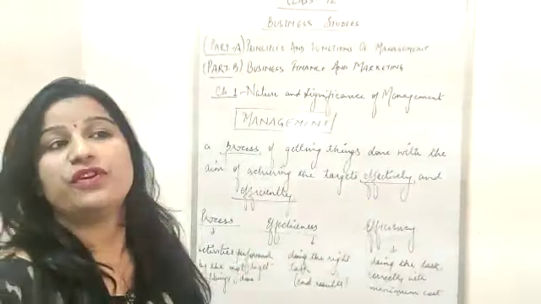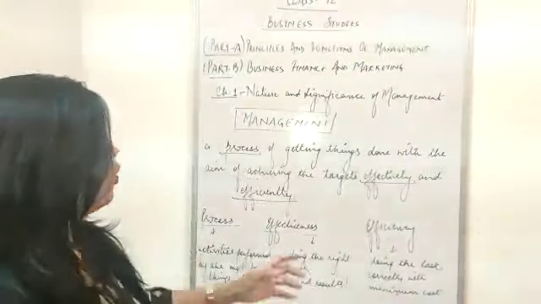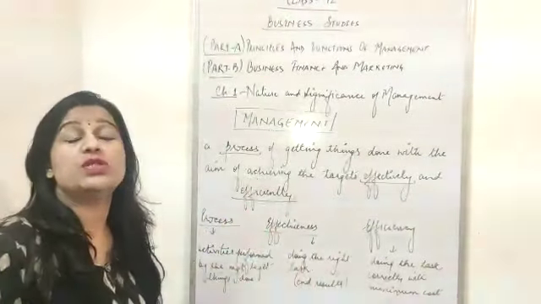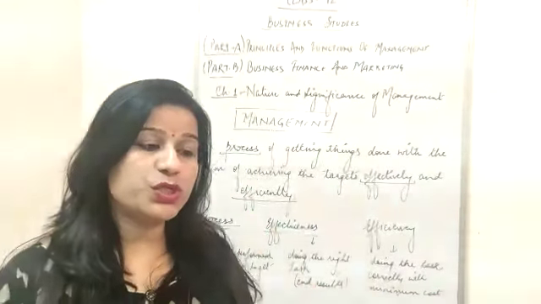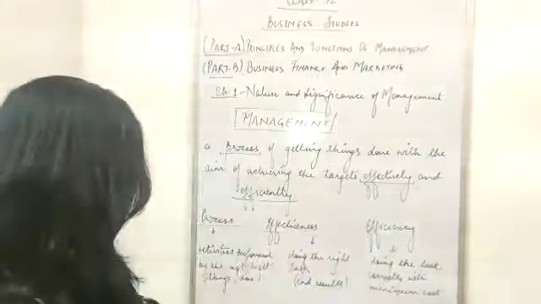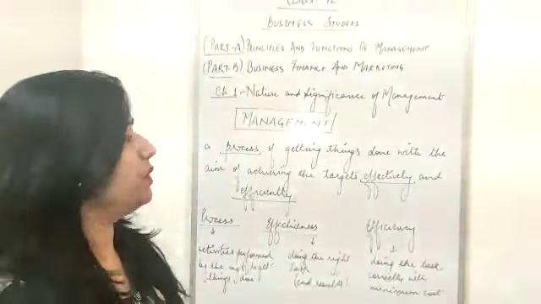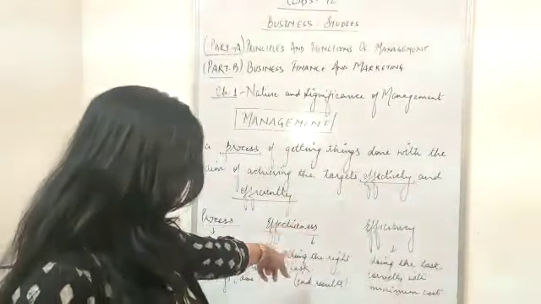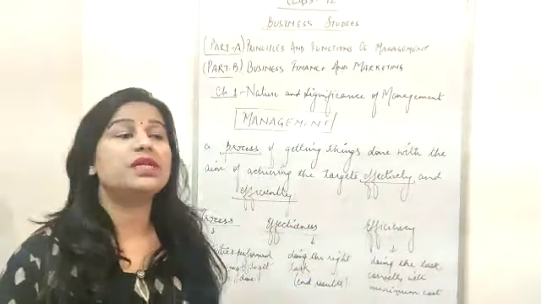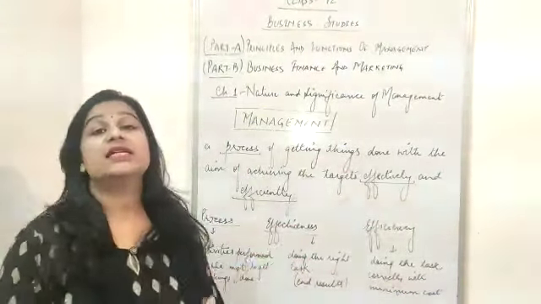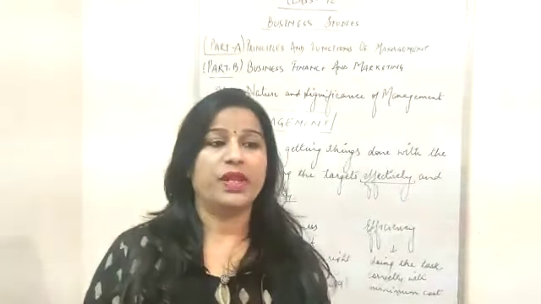Management helps in achieving those targets by creating a process which includes various activities, which includes the fulfillment of the various objectives of the organization. Then comes, students, effectiveness. Effectiveness in management means doing the right task. Okay, let me tell you.